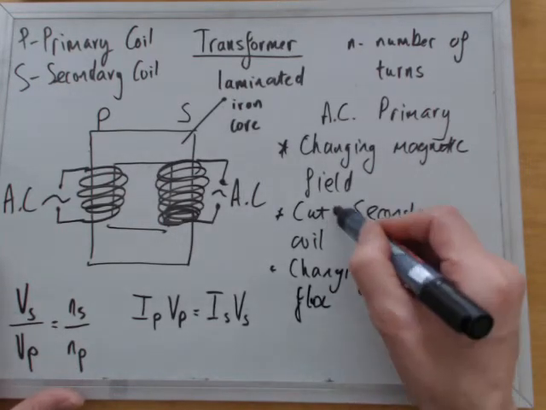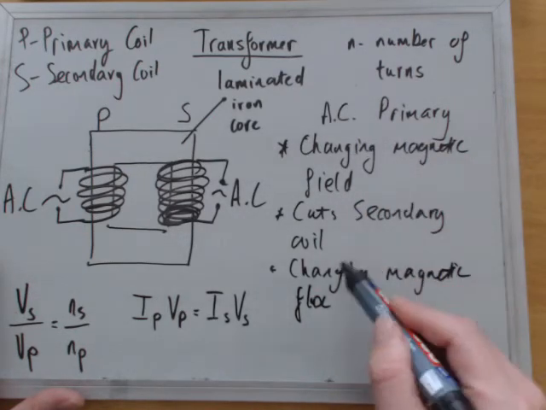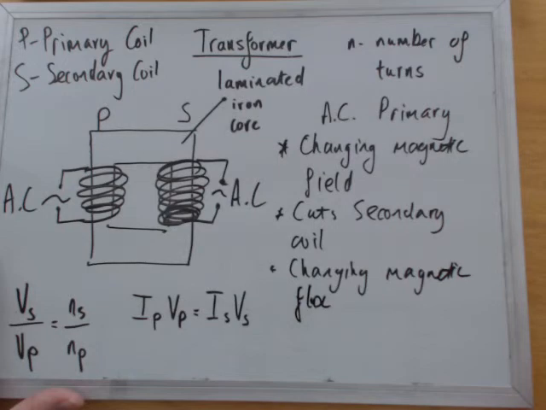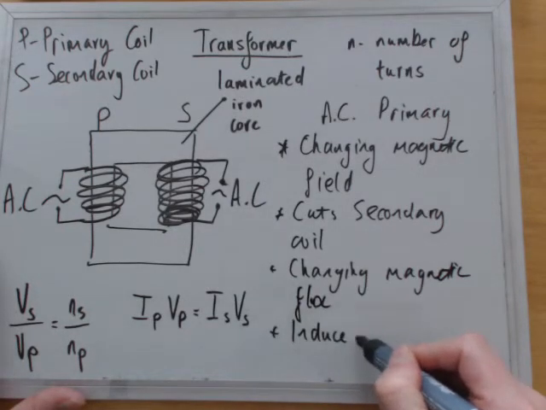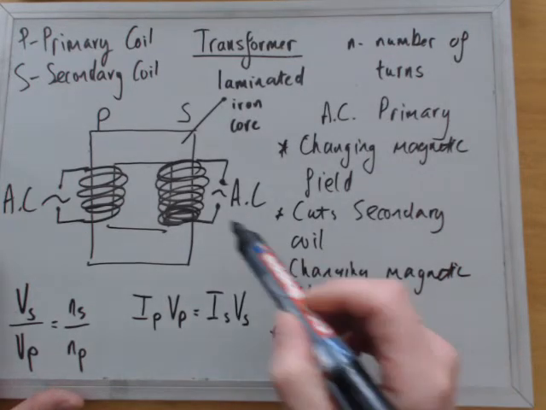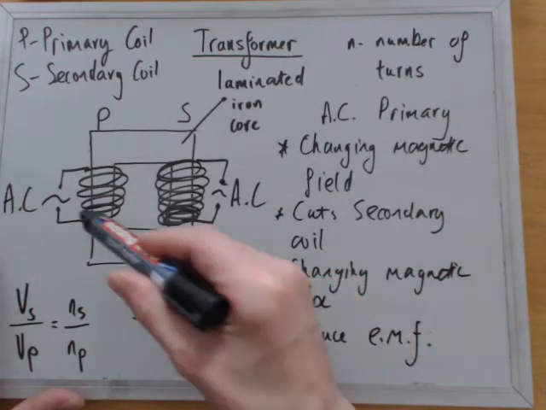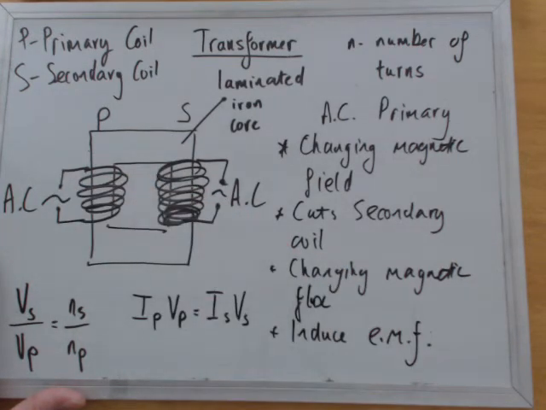Okay, as the changing magnetic field cuts the secondary coil, you get a changing magnetic flux, and this will induce an EMF in the secondary coil, and it will be the same frequency as the frequency in the primary coil.